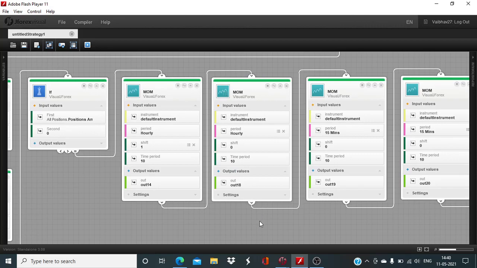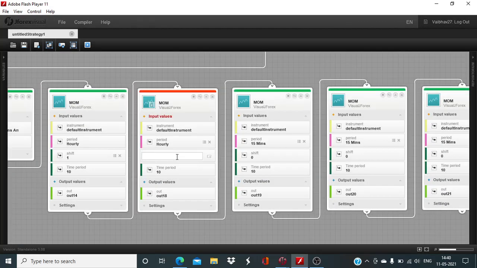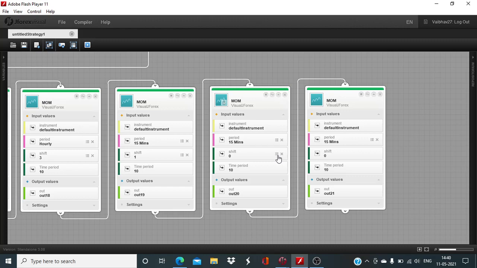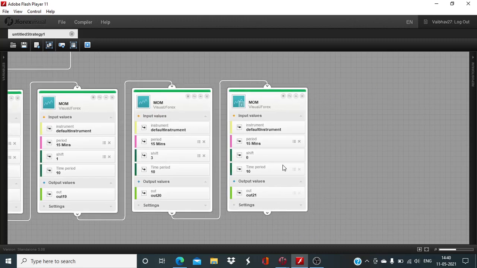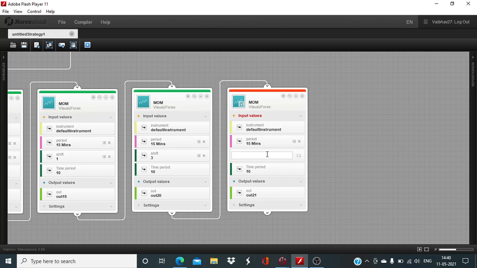Shift value will need to be changed now. This is going to be 3. This one, first one, another 3, and this 5. So we will be comparing the indicator values over 1 hour.